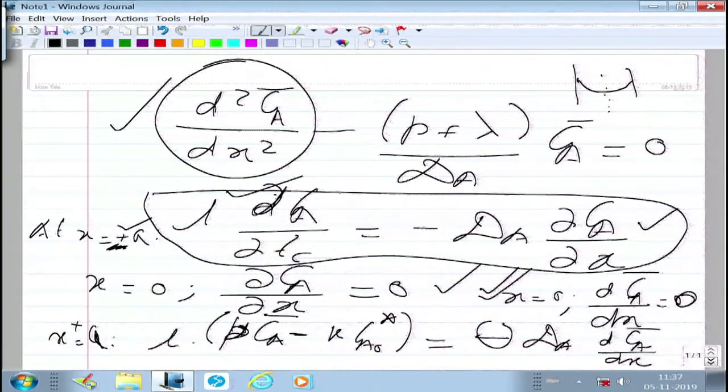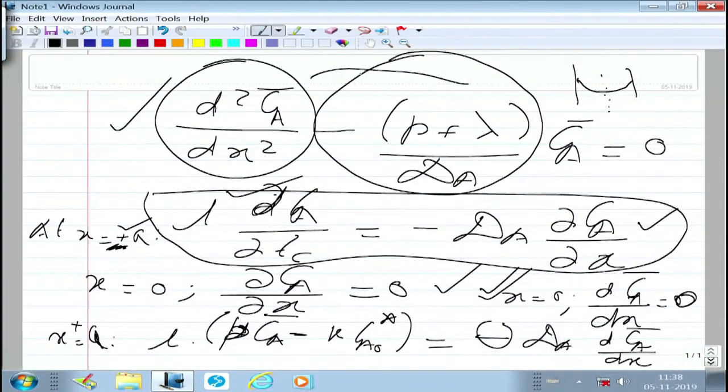Is that right? This is a homogeneous second order ordinary differential equation, and I suggested to you that you use, in terms of this equated to some k square, the solution for CA bar as a function of x in terms of cos and sine. I will tell you why we do this.